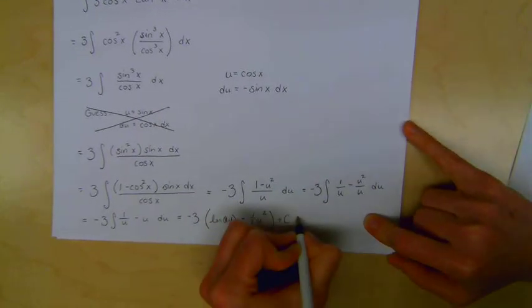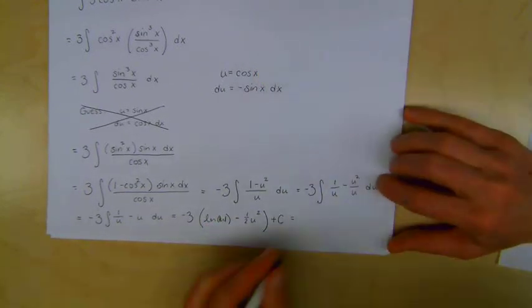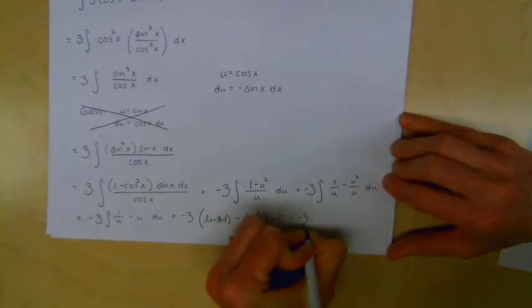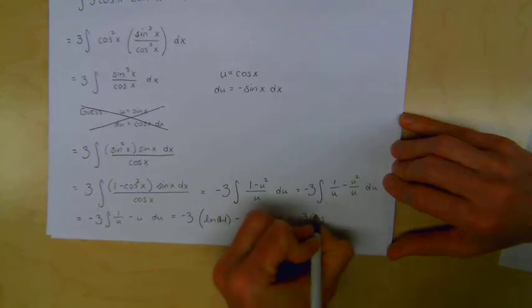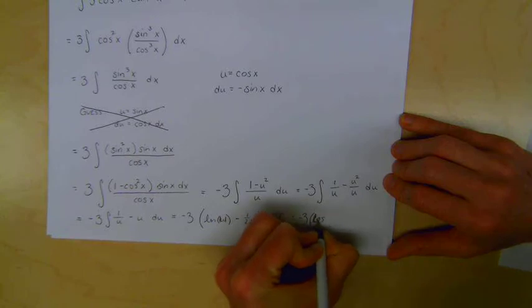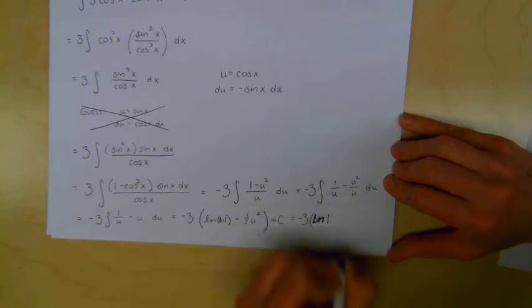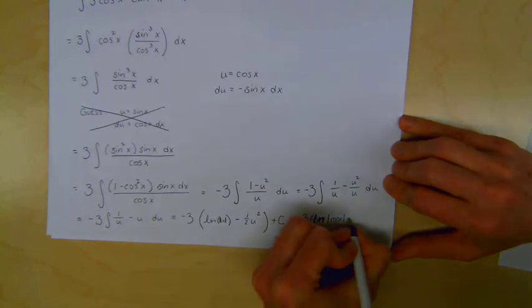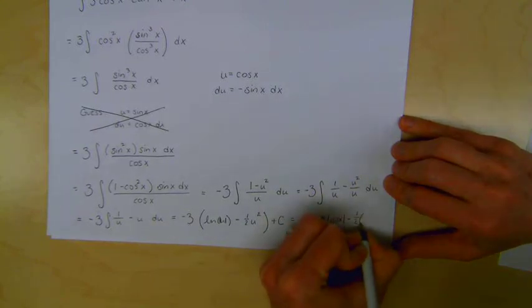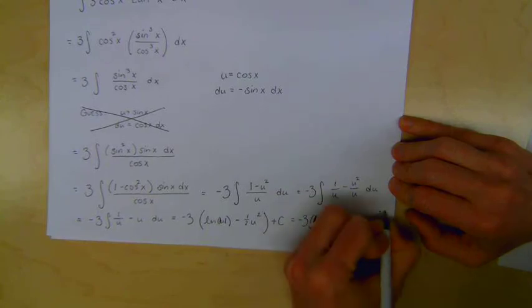And then in my final step, I'll substitute back in the fact that my u in this case was cosine x, and I get negative 3 times the natural log of cosine x, sorry, I was covering it up. Hopefully you can read that. Natural log of the absolute value of cosine of x minus 1/2 cosine of x squared plus c.